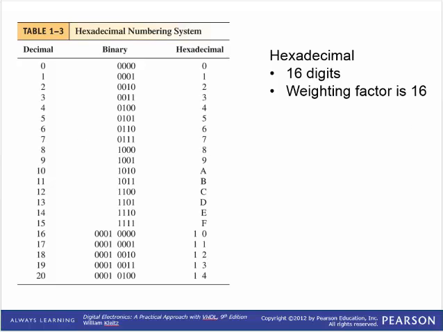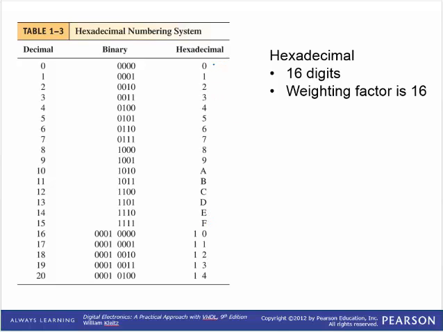So if I want to have 16 unique characters, right now our numbering system has 0 to 9. Those are our 10 unique characters. So we need some more, 6 more unique characters. So we use A, B, C, D, E, and F.